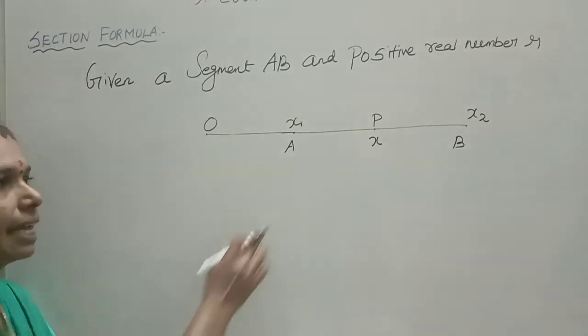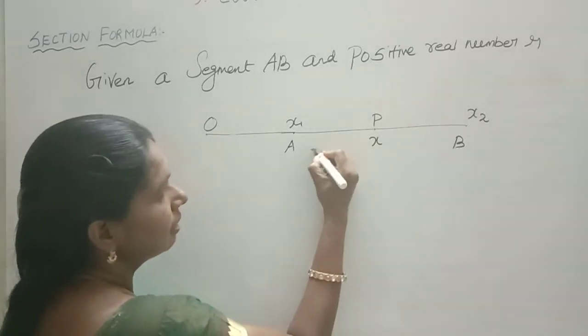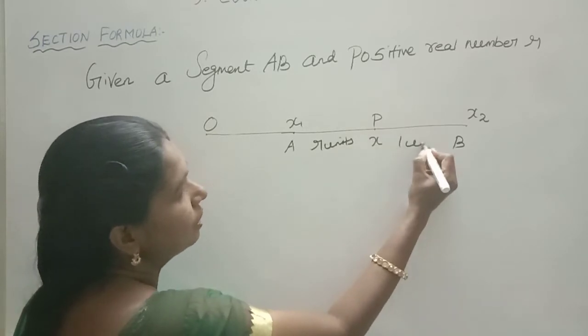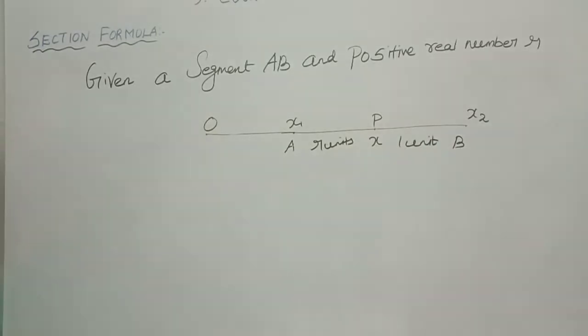Now this line segment AB is divided such that this part is r units and this part is 1 unit.